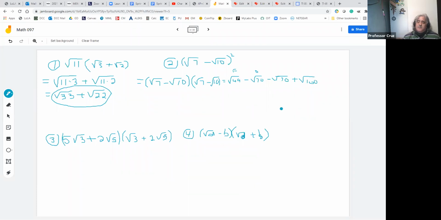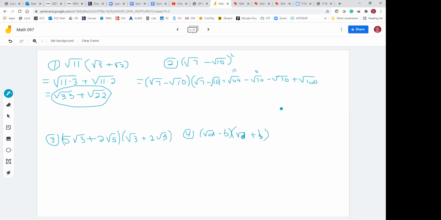All right, does that look good? We're not finished yet, but that's doing the foiling part. Yeah, that's what I got.